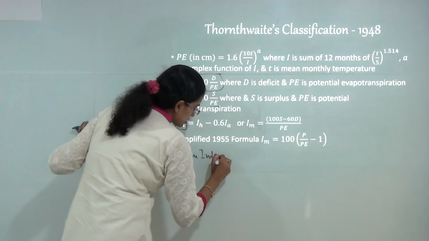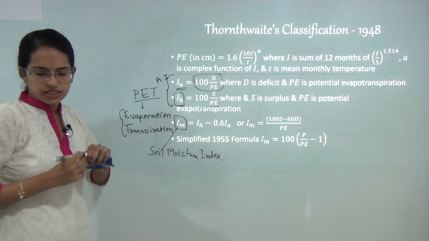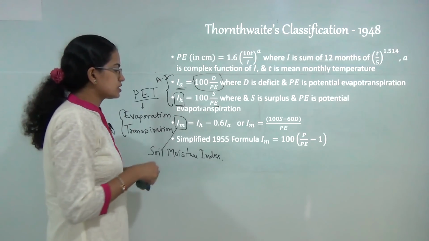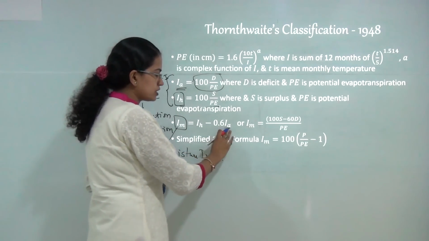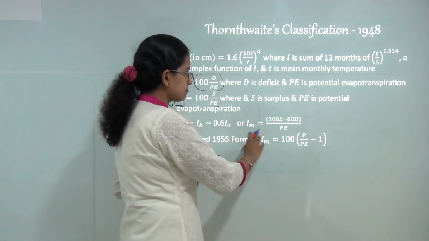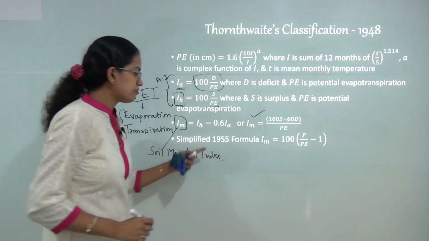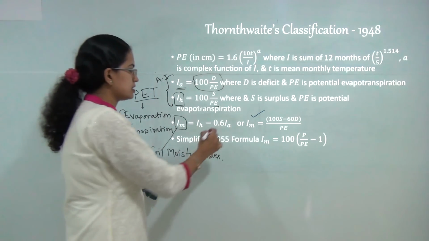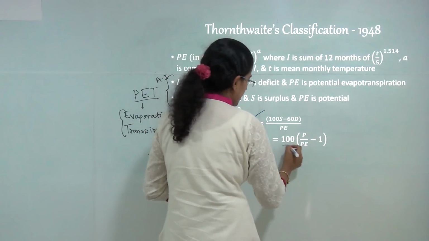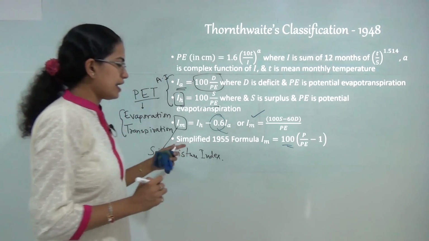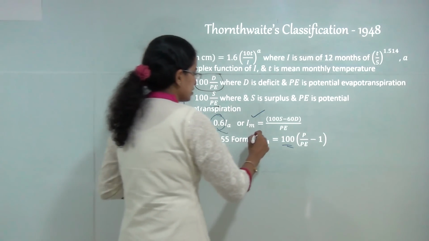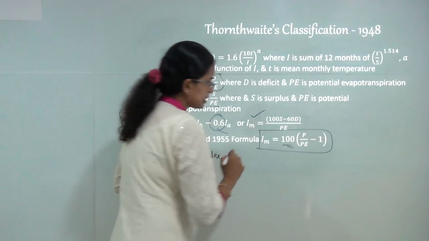This soil moisture index initially was humidity index minus 0.6 of aridity index, which was given by this formula. However, in 1955 he simplified this 0.6 and laid down a common value of 100 for both the values, and he said that soil moisture index could be given by this formula.